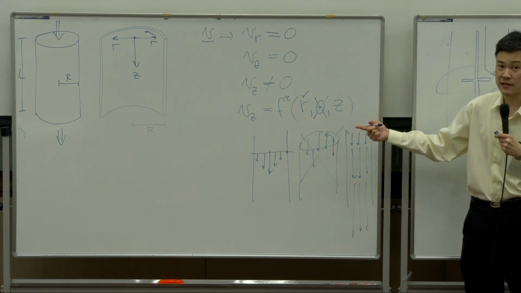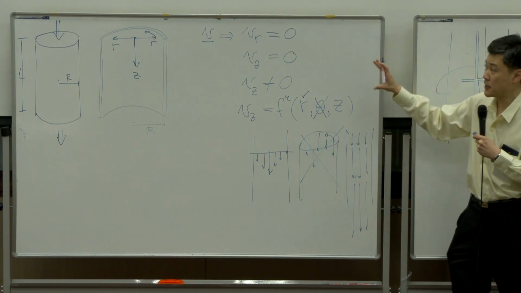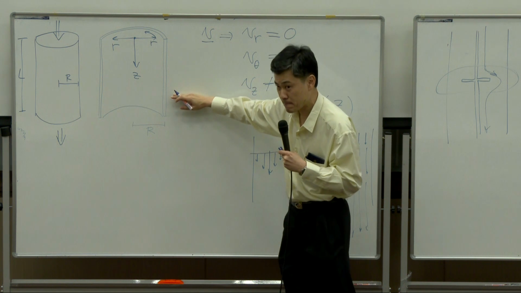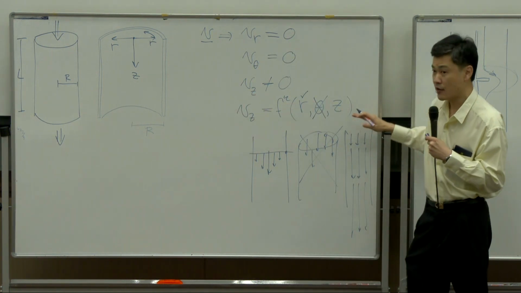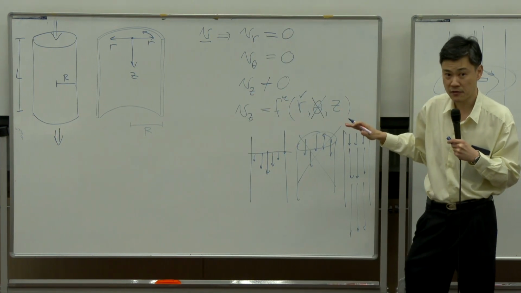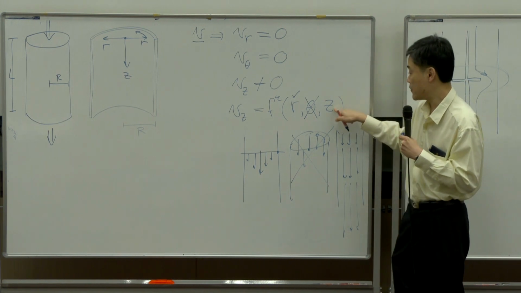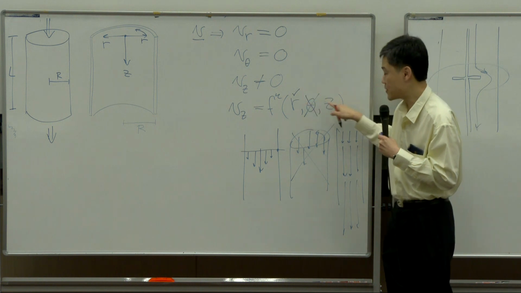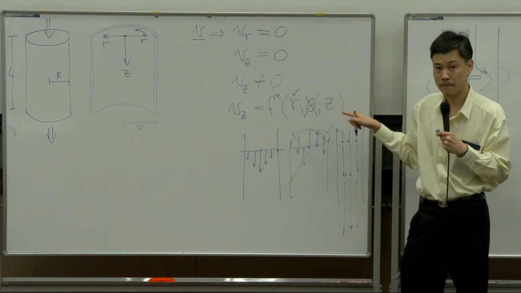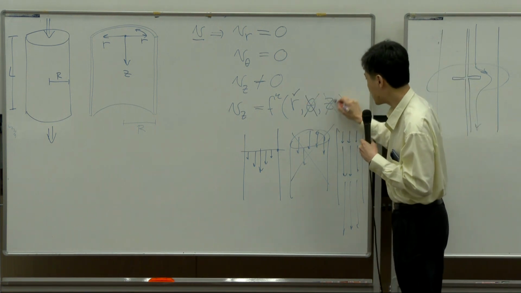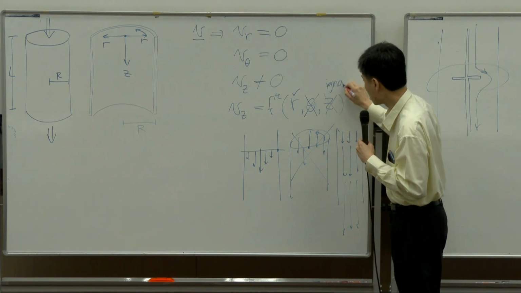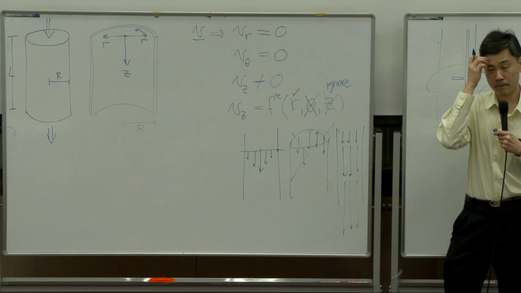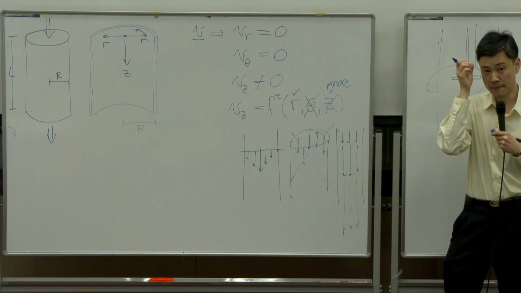Again, just like the last examples, if you consider a short length of the pipe, short enough to ignore acceleration, then you can approximate that Vz is not a function of z. So in this case, you ignore acceleration. Understand?